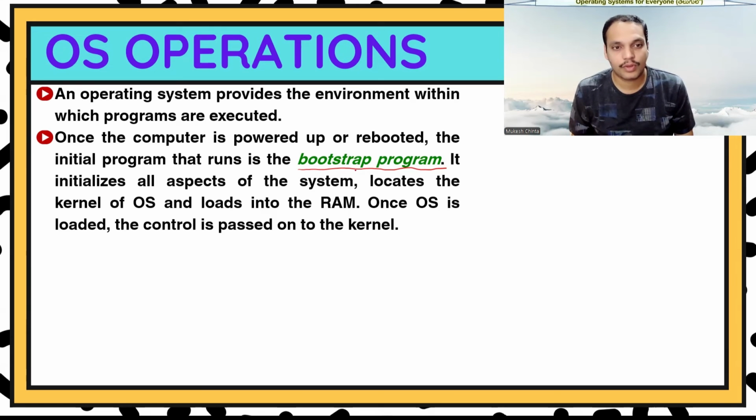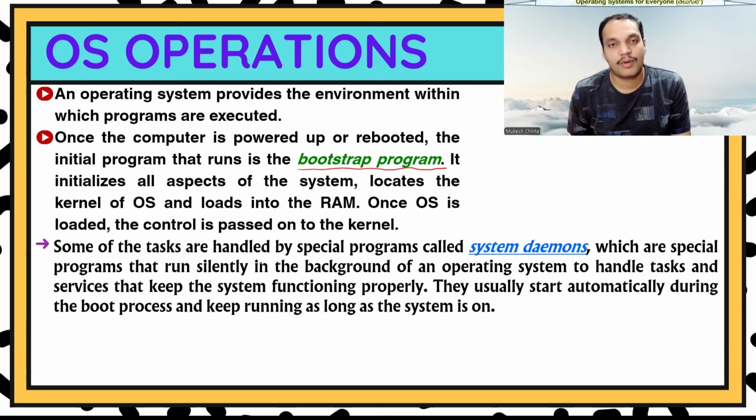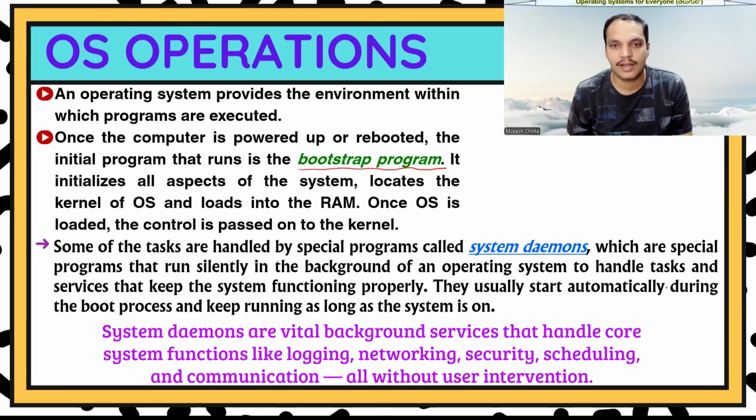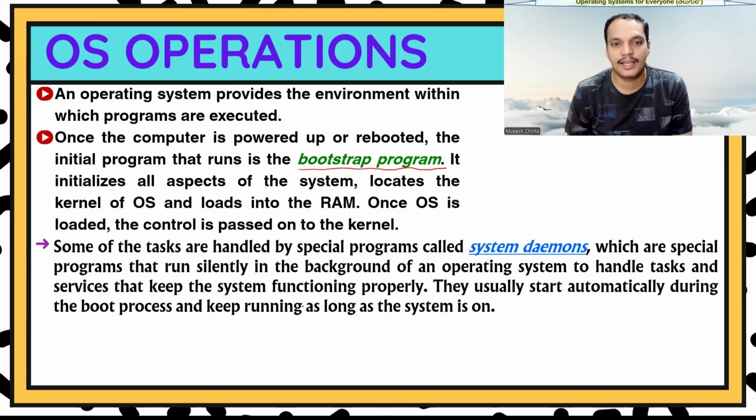Along with this, you have to understand that some of the tasks handled by the operating system are done via special programs called system daemons, which are special programs that run silently in the background of an operating system to handle tasks and services that keep the system functioning properly.